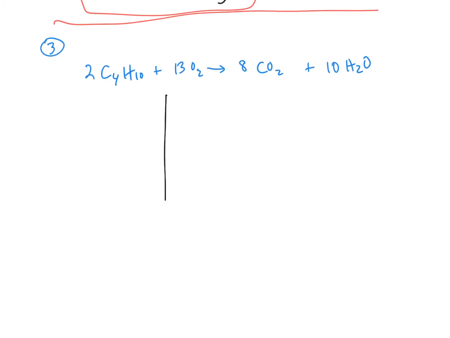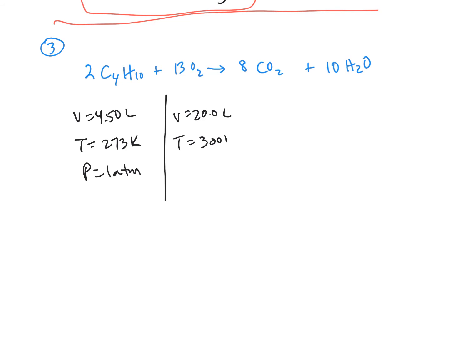But I like to make a list here, and we have for the butane, which is, by the way, in your butane lighter: volume is 4.50 liters, temperature is 273 Kelvin, pressure is 1 atmosphere, and it's reacted with volume is 20 liters of oxygen, temperature is 300 Kelvin, and pressure is 0.91 atmosphere.